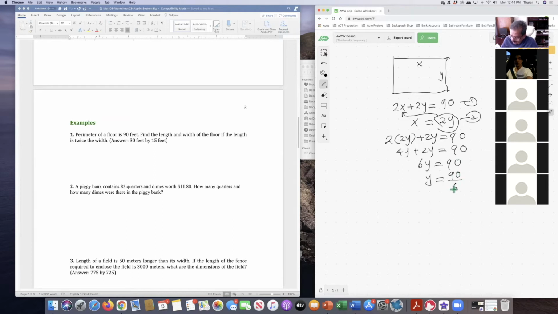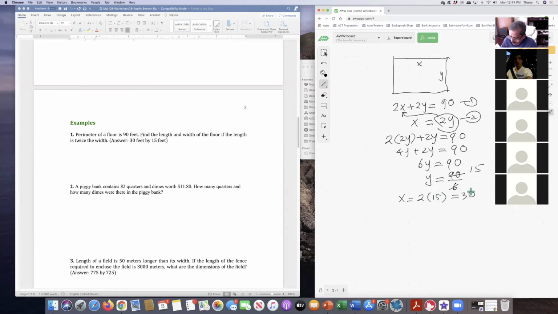Divide by 6, and that'll give you y. So the width is 15, and now to find x, I can plug it into any equation. I'm going to plug it into the second equation, which says x equal to 2y. So 2 times 15, which is 30.